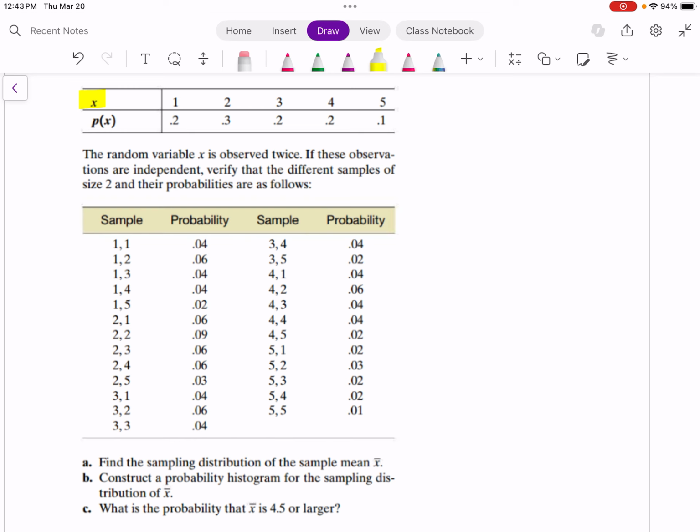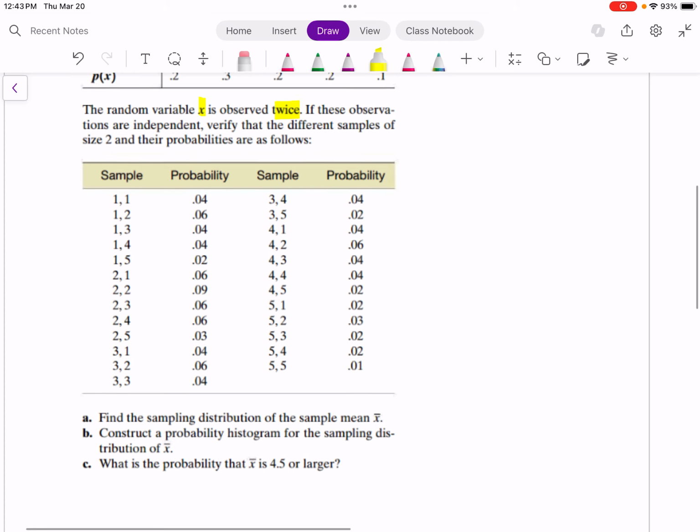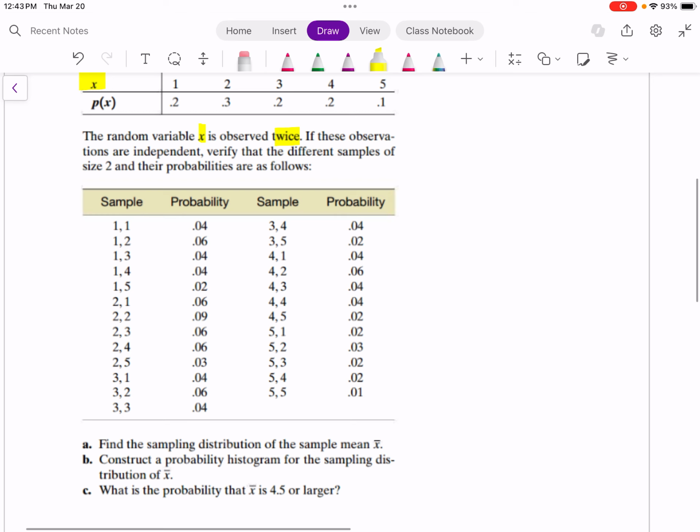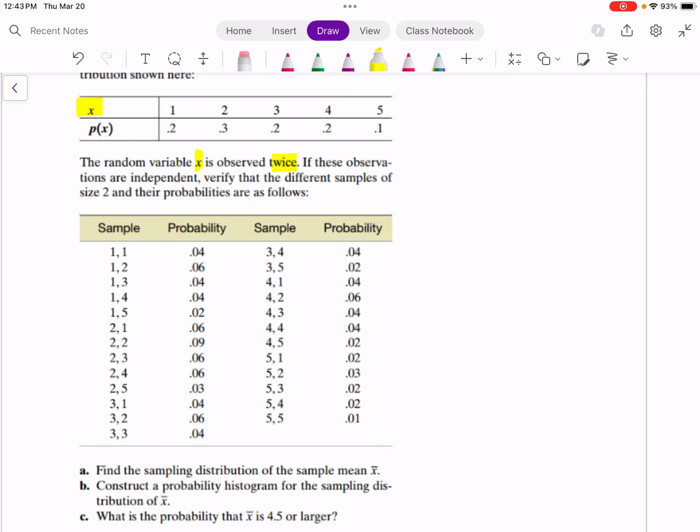So this x is observed twice. If these observations are independent, verify that the different samples of size 2 and their probabilities are as follows. This is given. So our x variable is observed twice.